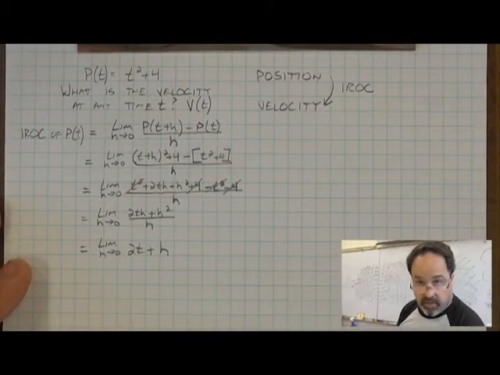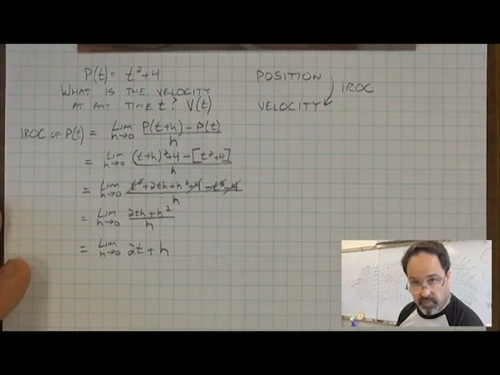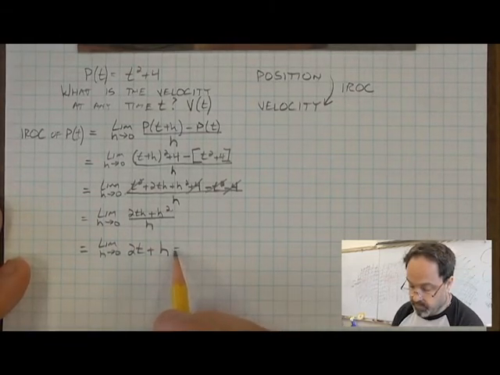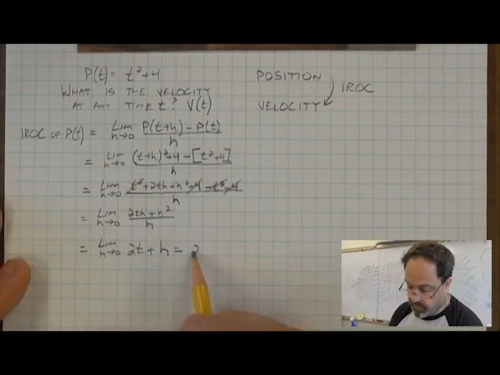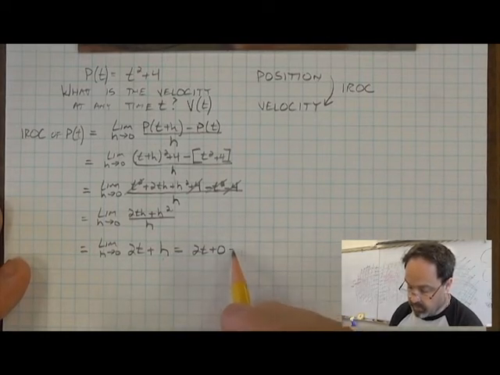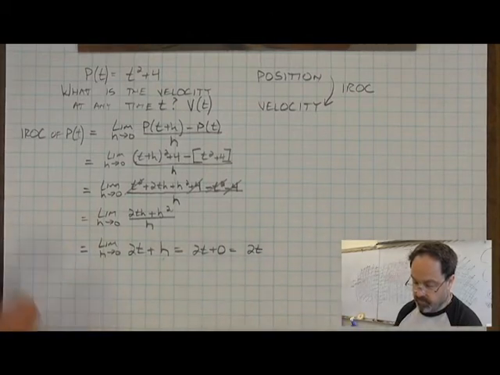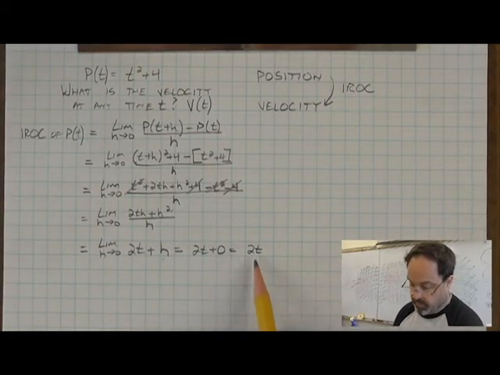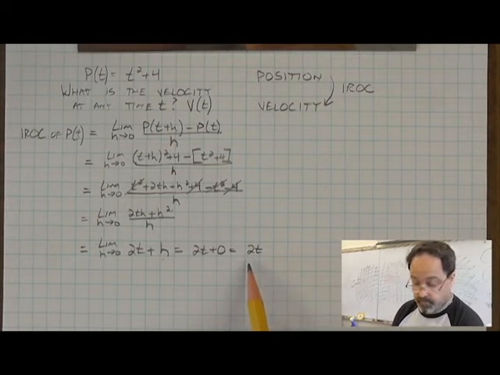The division by h, where h is going to 0 problem, is resolved, and now it's time to take the limit. When I do, h goes to 0, the 2t term doesn't change, and I can simplify this to 2t. What I've found is an expression that still has a variable in it.